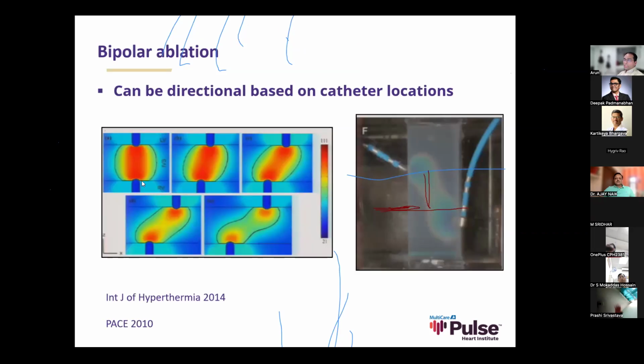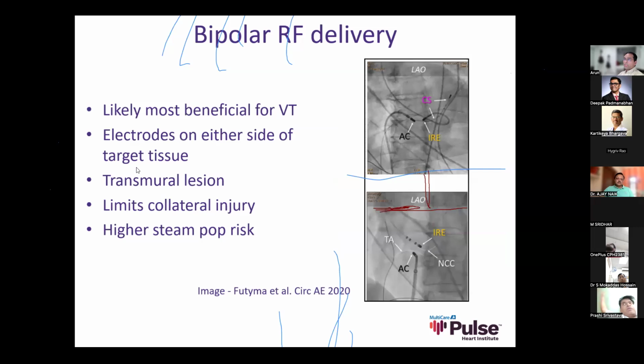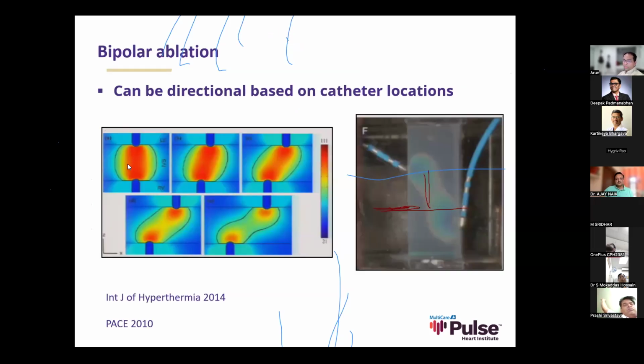So basically the current is going between the two catheters, so there is very little collateral damage risk, and it also creates a transmural lesion. The problem of course would be that you can create very high temperatures between the two catheters, and that can lead to an increased risk of steam pop.